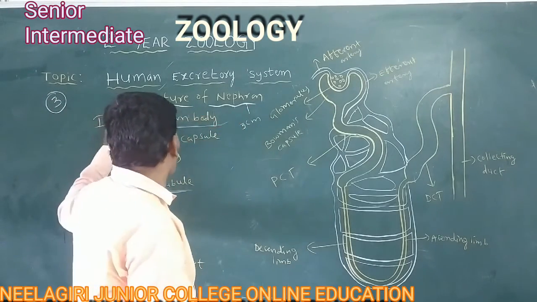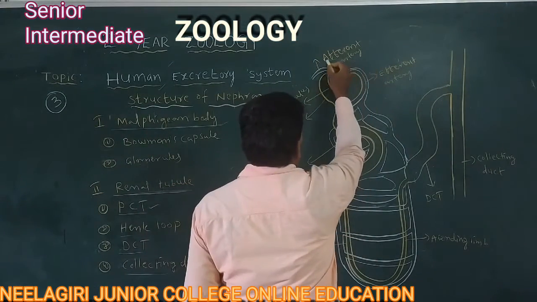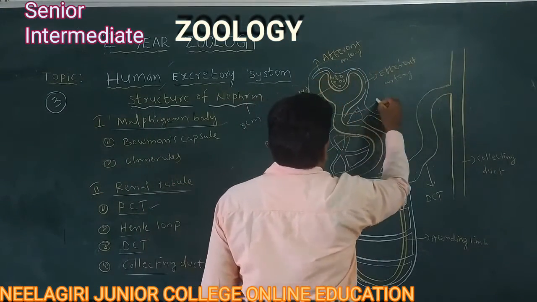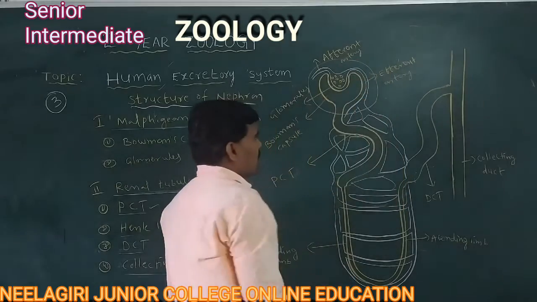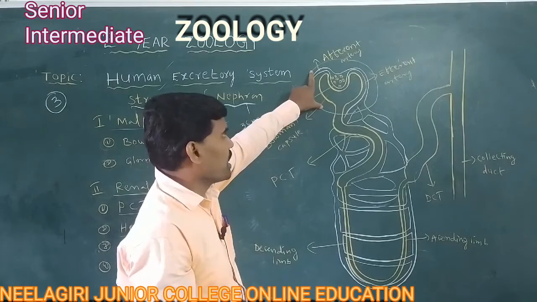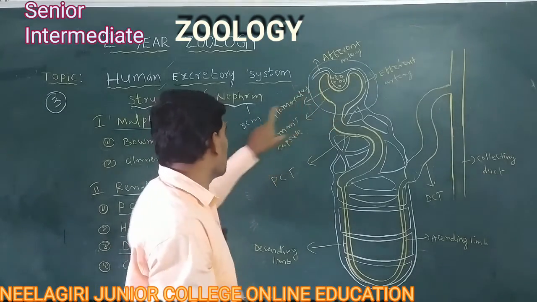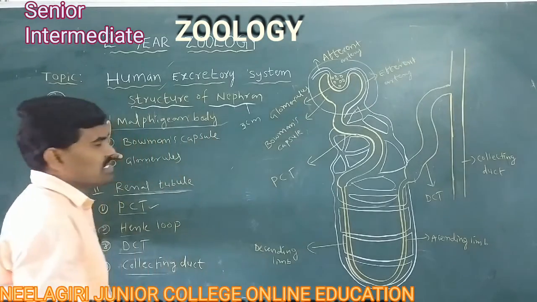Let us see the Malpighian body. Observe the diagram clearly: the Malpighian body has two parts, Bowman's capsule and glomerulus.